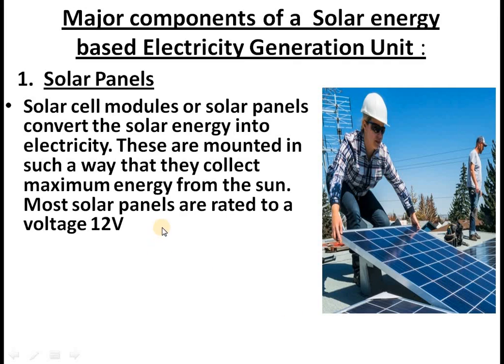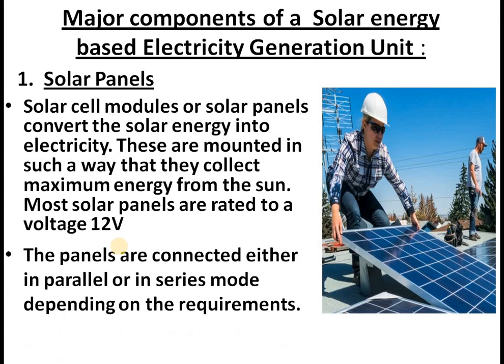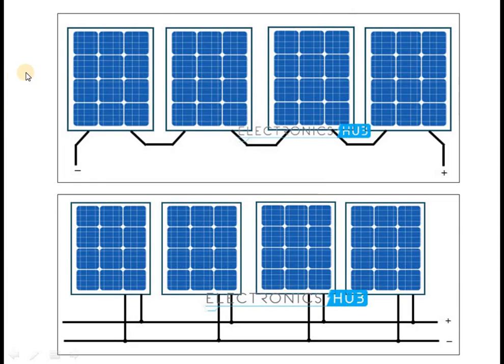Mostly, panels will give you a voltage of 12 volts. Depending on your requirement you can use more panels, so this way you can easily generate 24, 48 volts like that. You can connect them in either parallel or series mode. The next slide will show you.